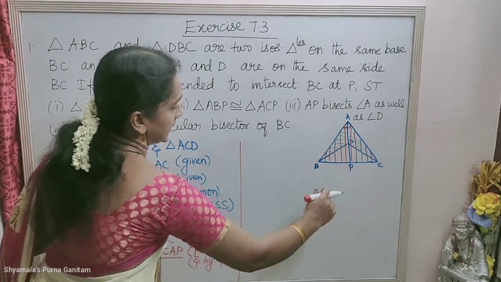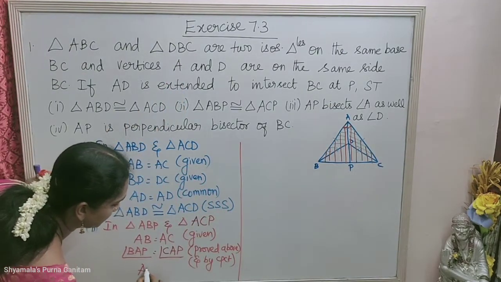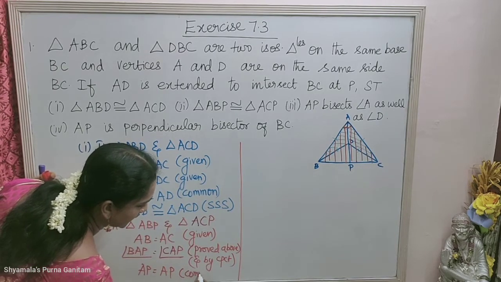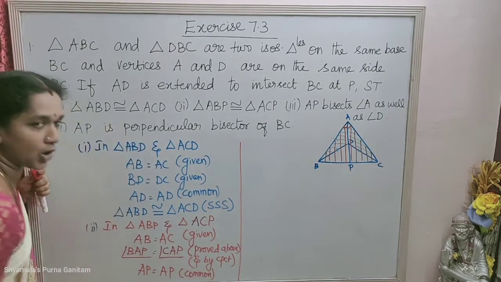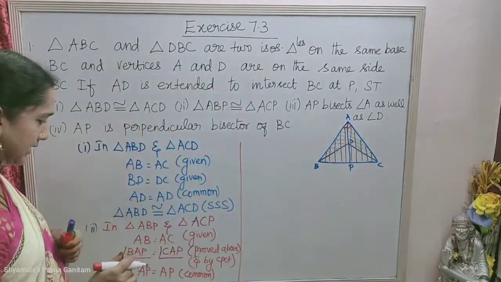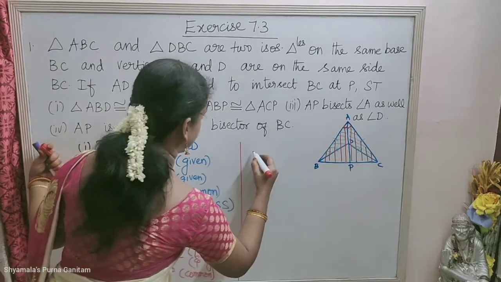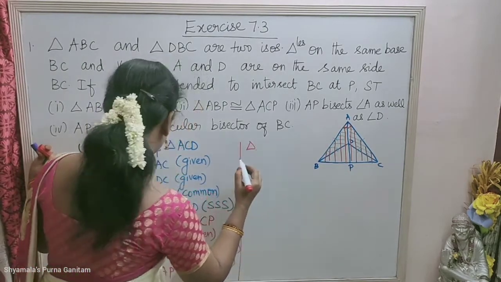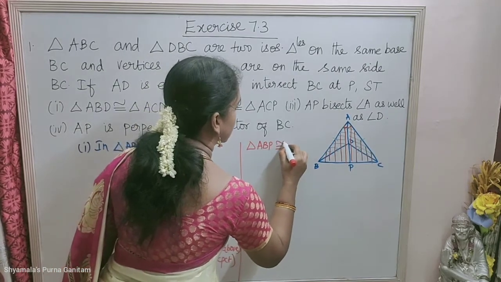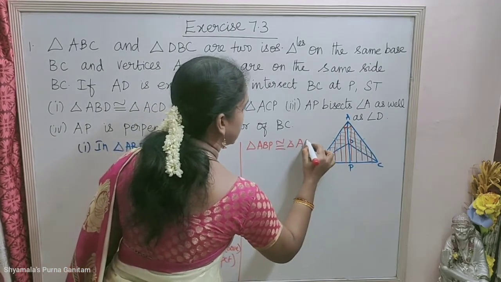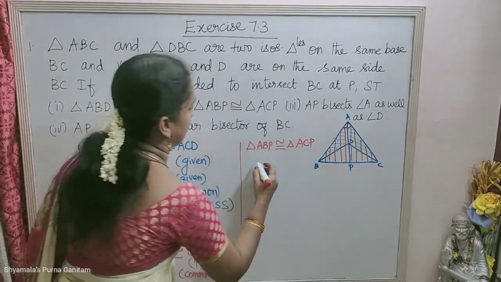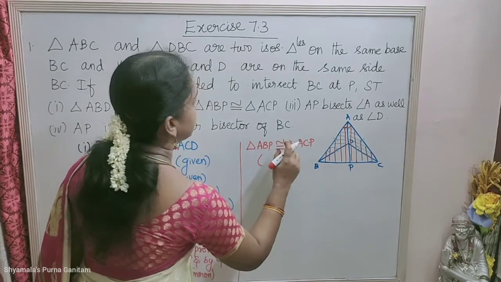Then one more thing: AP is equal to AP, this is common. So here we have two sides and the included angle.